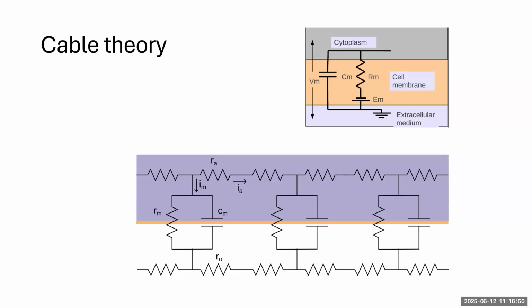And the outside part, we are showing it as the resistance of the outside, RO. But normally when you are doing an experiment, you will have saline all over this, and you will be putting your ground electrode here. So you can ignore this part. It will be so small compared to the other resistances that you can consider it all a short circuit. And that kind of makes our life easier.